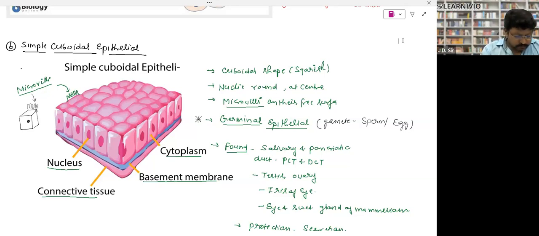The cells of cuboidal epithelium develop microvilli at the free surface.